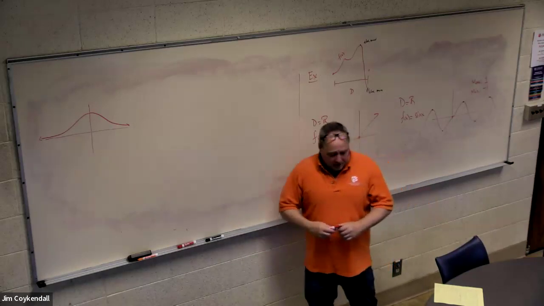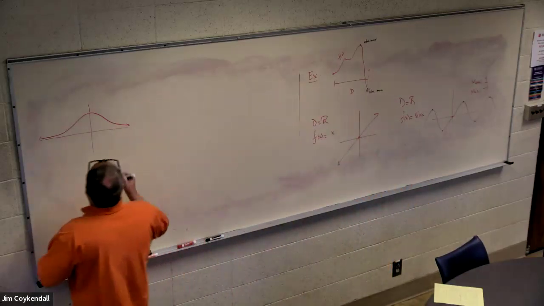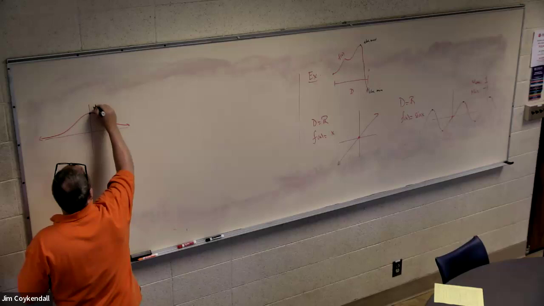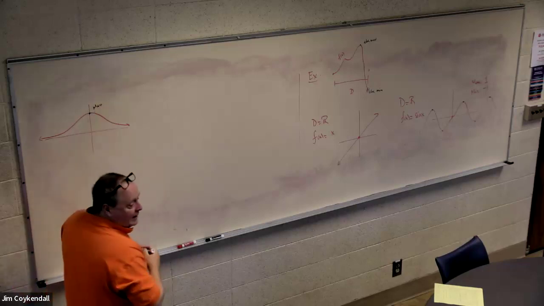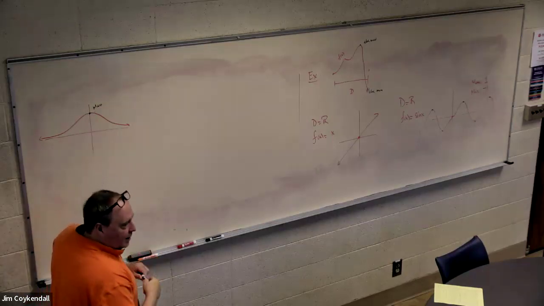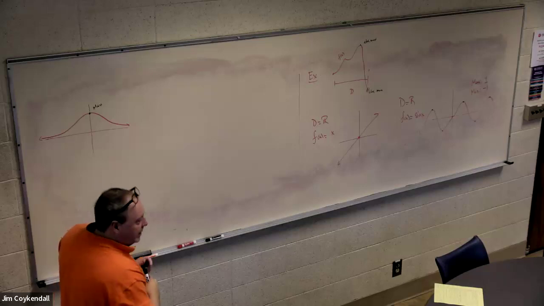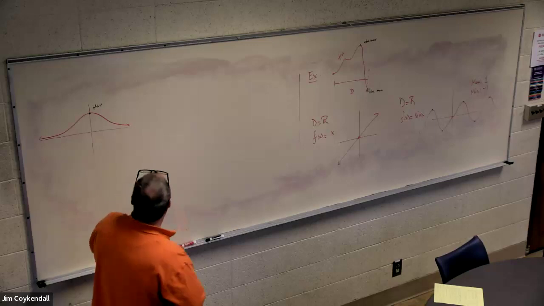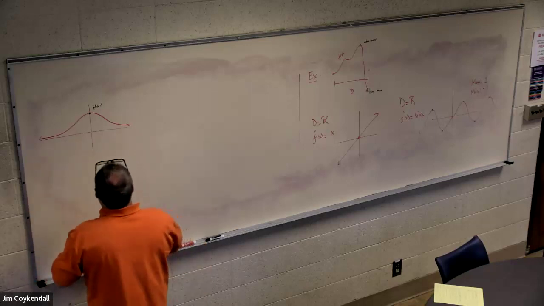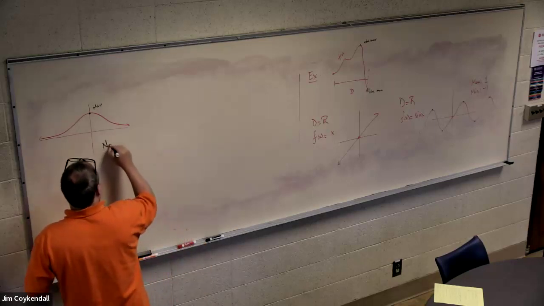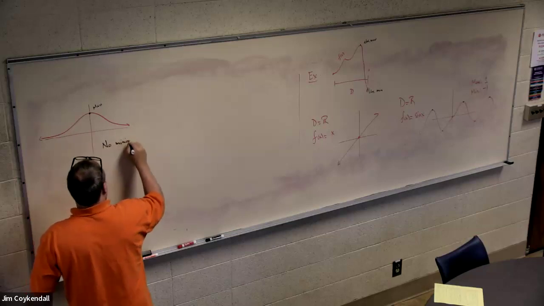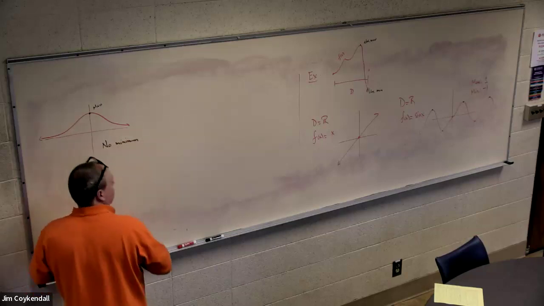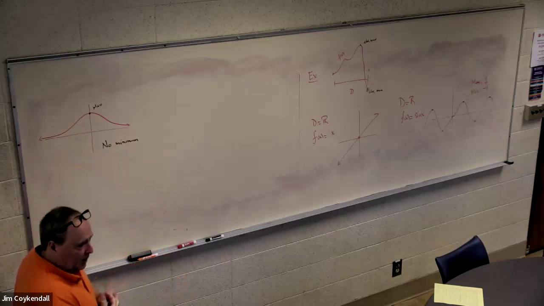Notice that this function has a maximum that occurs right there, but it appears to have no minimum, right? Because it gets smaller and smaller, never getting to zero.